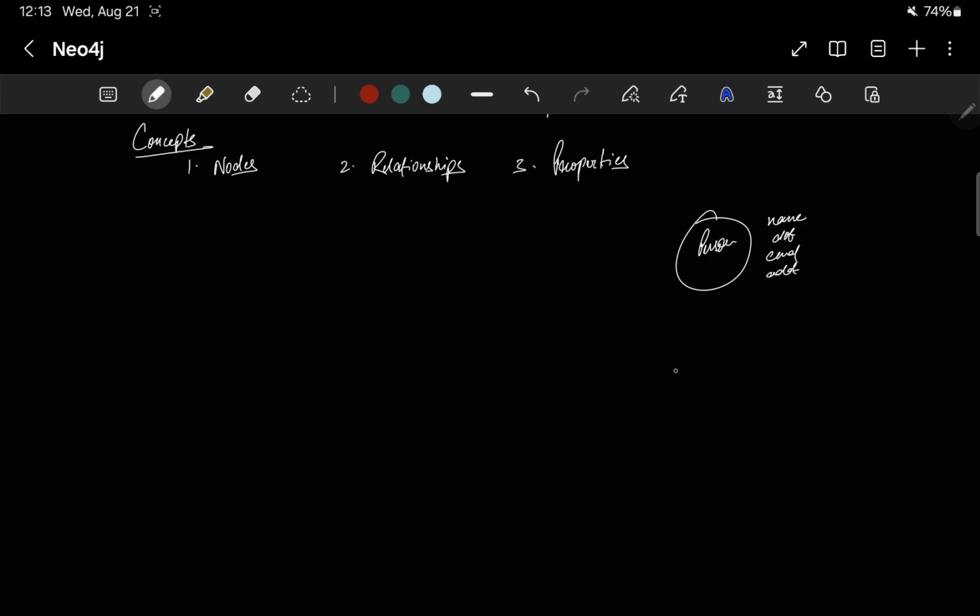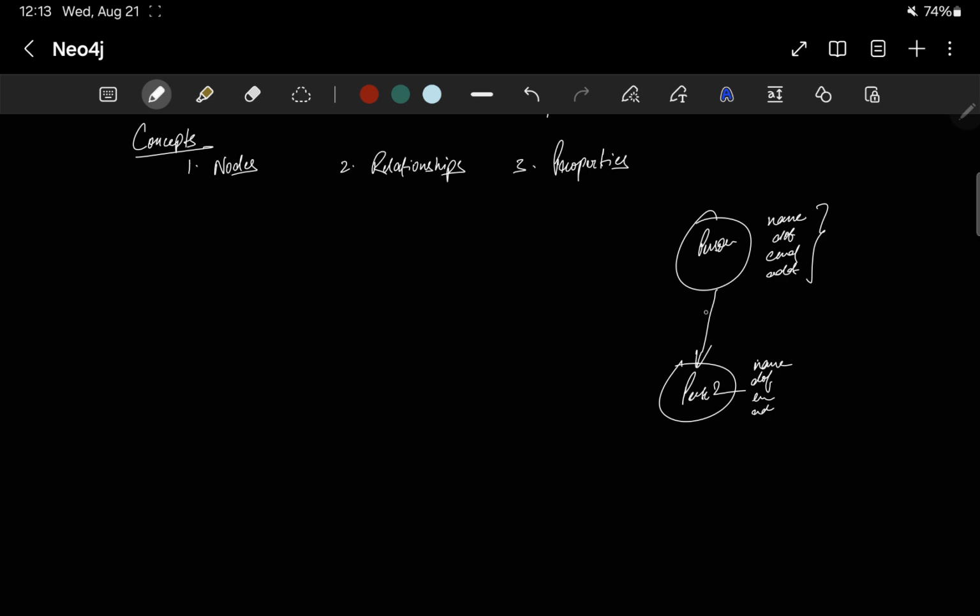Now let's say there is another node, person 2. Again, this person will have things like name, date of birth, email, address, a lot of things. These are the properties of this node, and there is a relationship between these two.